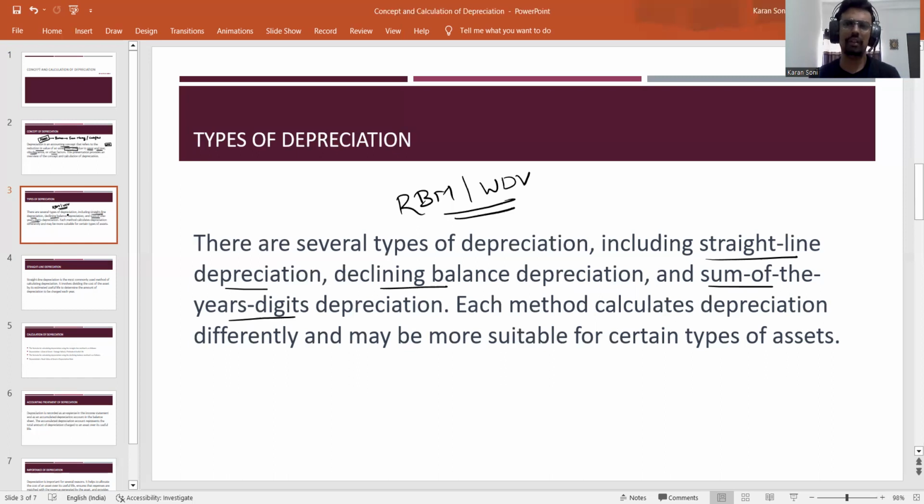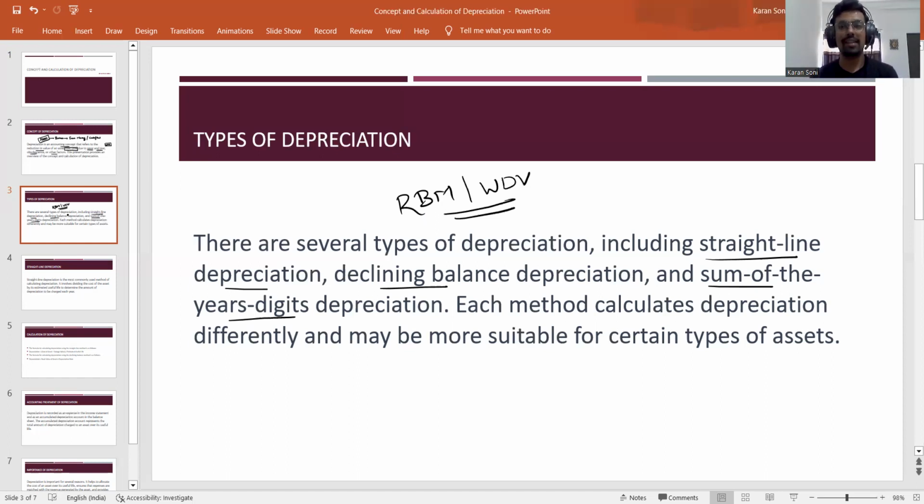It is also a different concept of calculation of depreciation, and we will learn step by step everything. As of now, you just have to keep in mind that okay, sir, there are three methods. Okay, the first one is the straight line method, the second one is the declining balance, and the third one is the sum of years digit method for calculation of depreciation. That's cool. All clear with you? Okay, next.